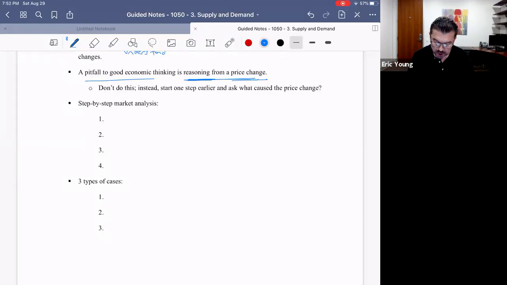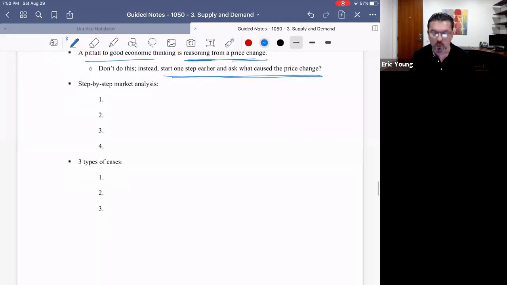Instead, what I want to push you to do is always take one step back, start one step earlier, and instead of reasoning from a price change, ask yourself, what caused that price change? What in the demand side or the supply side, or maybe both sides of the equation, brought about that price change, okay?